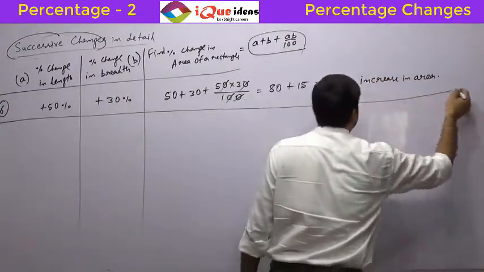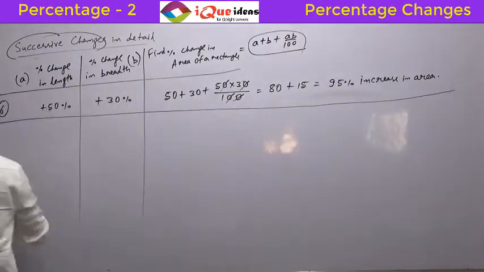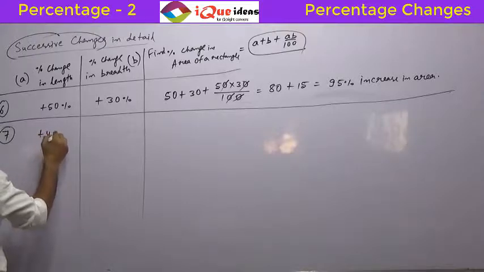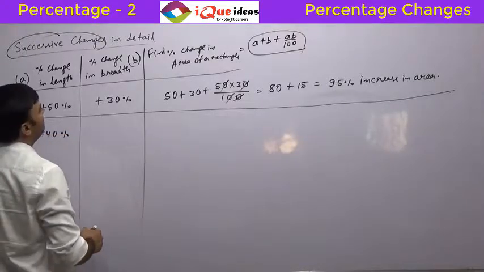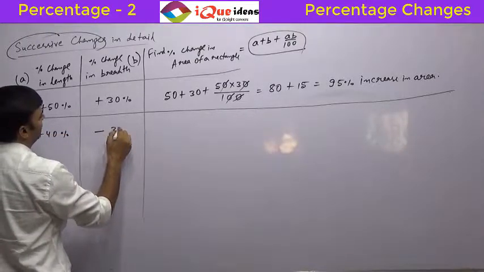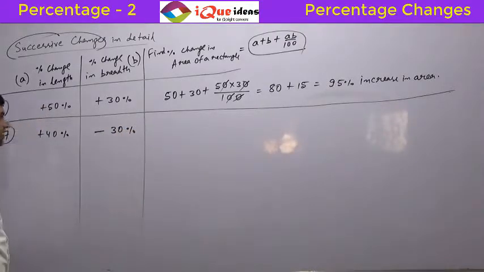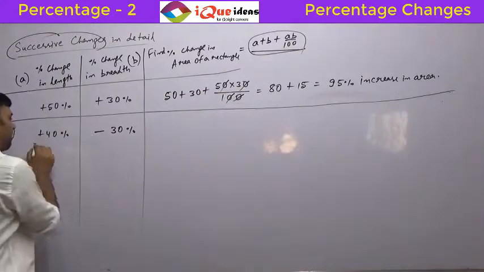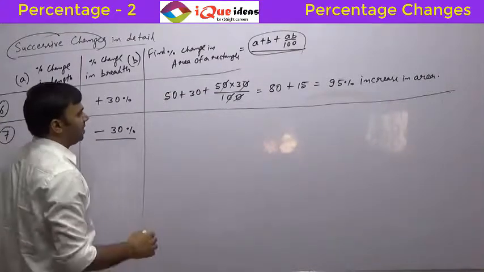Now let's take a situation in which the values decrease. Suppose the length increases by 40% and the width or the breadth decreases by 30%. Now what will happen? Let's see. The formula remains the same. Just be careful, in place of A we will take plus 40, in place of B we will take minus 30.